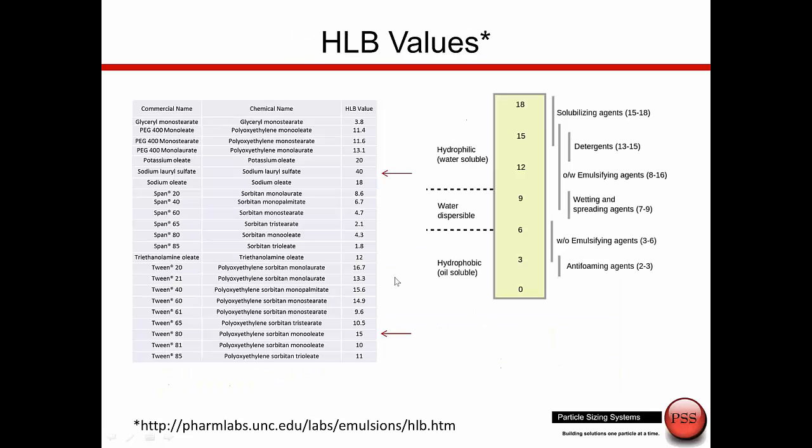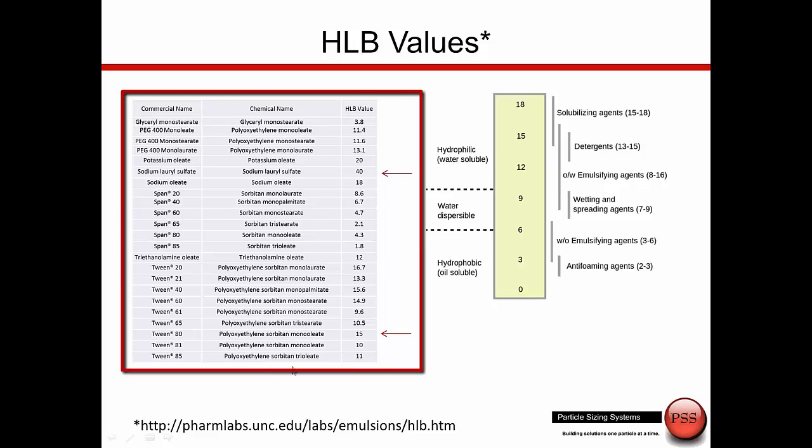And how would we use that value? Well, here, as we look at a list of surfactants and HLB values, and you know, with the internet out there today, few of us really do these calculations. It's probably easier just to go to tables and look at the HLB value for various surfactants. The table I show here, I show the reference down below, so you could also find this.